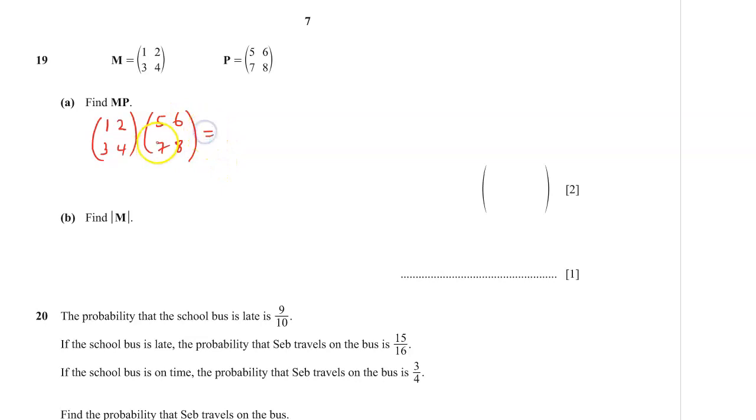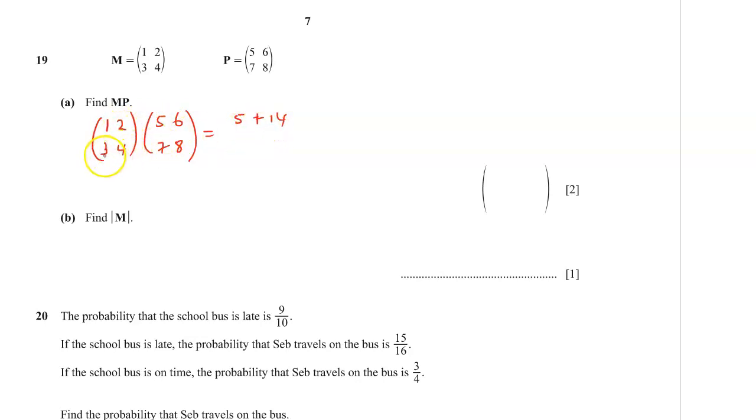Therefore, what we get is 1 times 5 plus 2 times 7, which is 14.